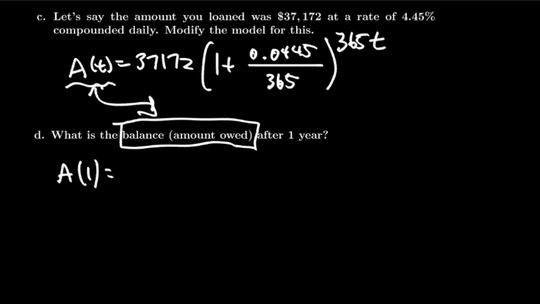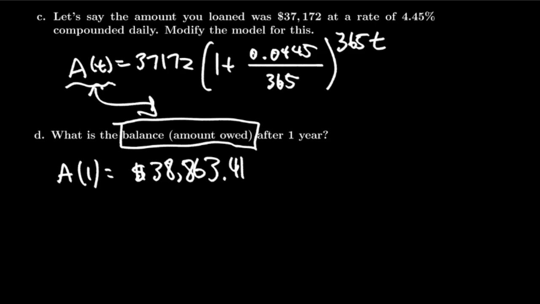So 37,172 times 1 plus 0.0445 divided by 365, all to the power of 365 times 1, which is 365. And then you will get, okay, so that's $38,863 and 41 cents.